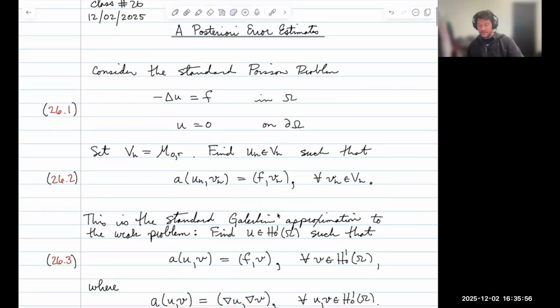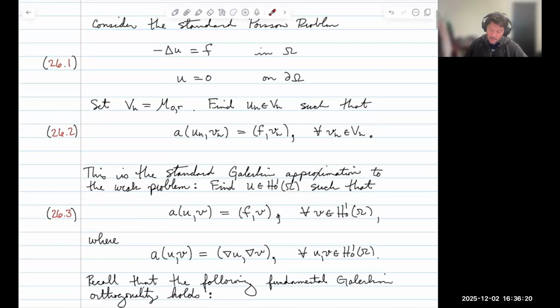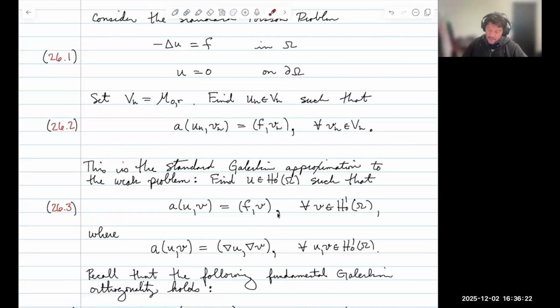So we're going to consider the standard problem in this case. This can be done for other types of problems as well, like the biharmonic equation, the Stokes equation, and lots of different things. We're going to use the Poisson problem to examine it. So we're looking for the true solution u, with minus Laplacian of u equal to f, and u equals 0 on the boundary. Of course, we know how to get our finite element approximation.